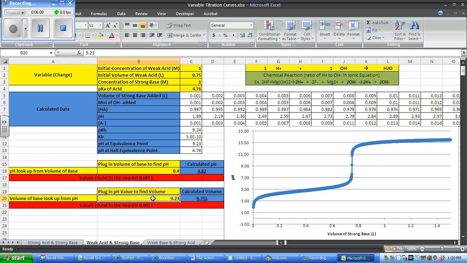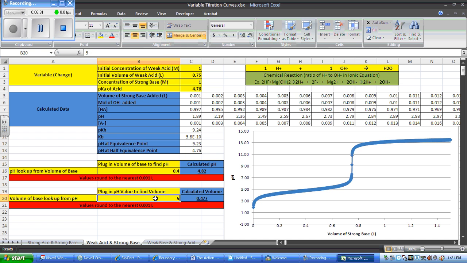Or I can plug in the pH value, so I can look on here, and it'll tell me the volume that it'll take to get to that pH. So for instance, I was saying 5 earlier, where the pH is actually 5 is at 0.477 liters, which is really close to that 0.4.